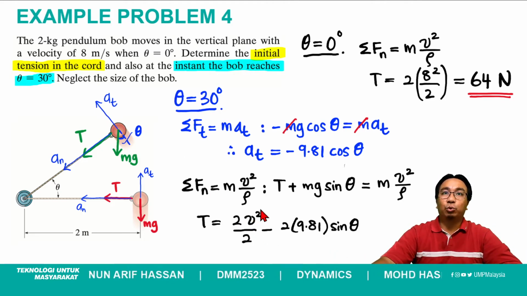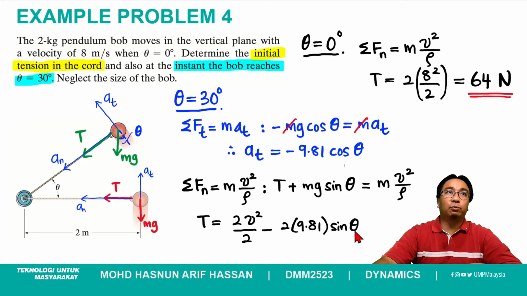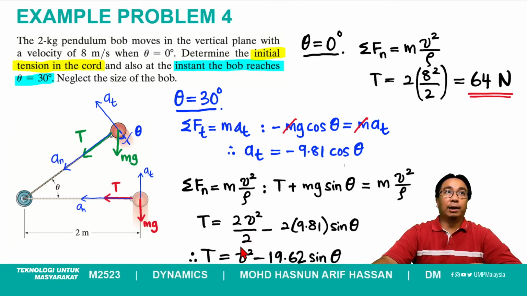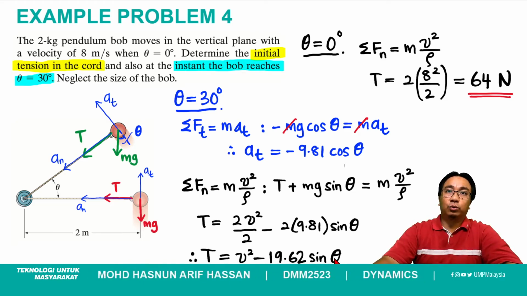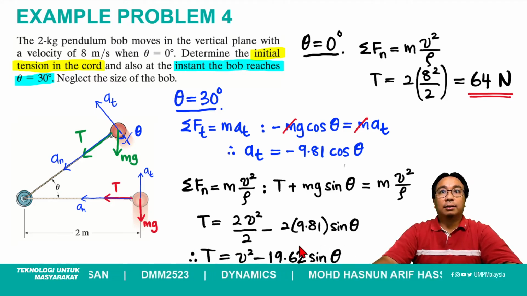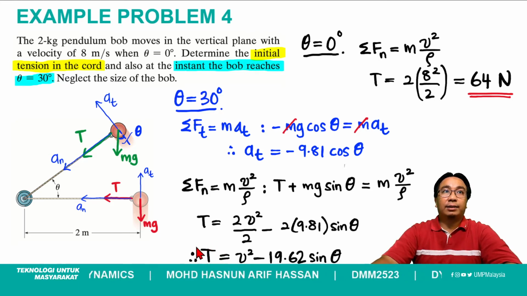So we have 2 v squared over 2, where 2 is rho, minus mg sin theta, 2 times 9.81 sin theta. Then we have T is equal to v squared, the 2 and 2 cancel, minus 19.62 sin theta.